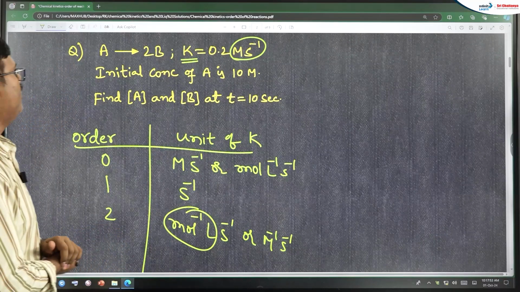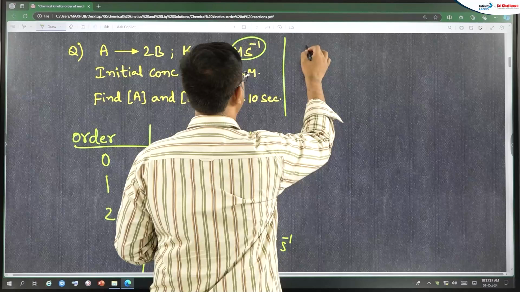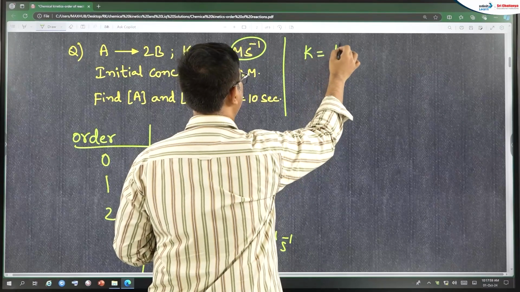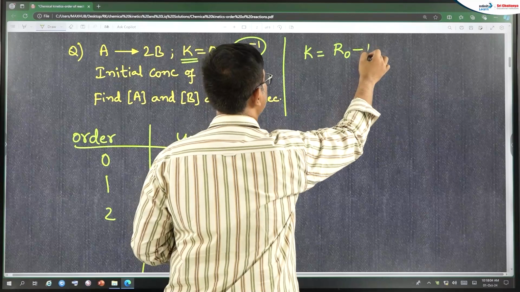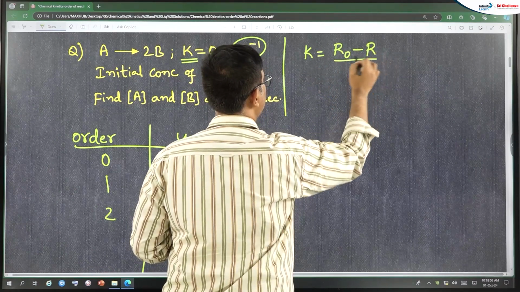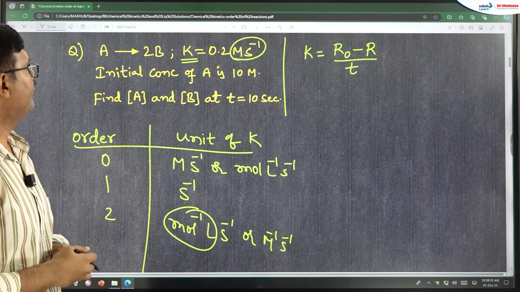Now, in 0 order reaction, what is the rate constant formula? K is equal to R naught, initial concentration of reactant, minus final concentration of reactant, by time. This is the formula.